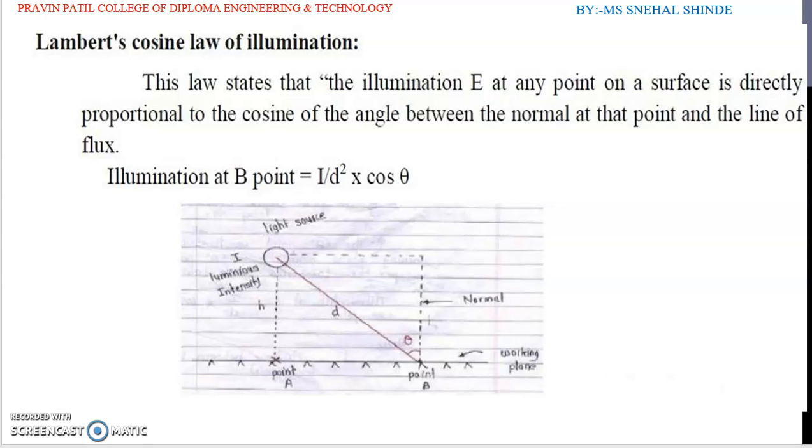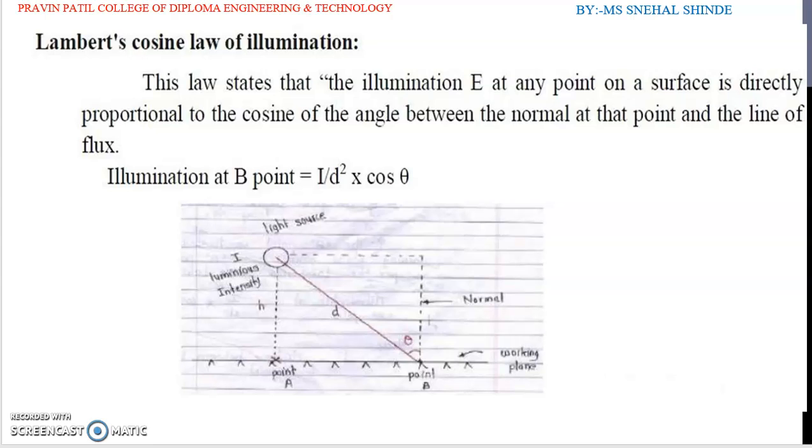So the area over which the light is spread is then increased in the ratio, and illumination at point B is given as I divided by d square into cos theta.